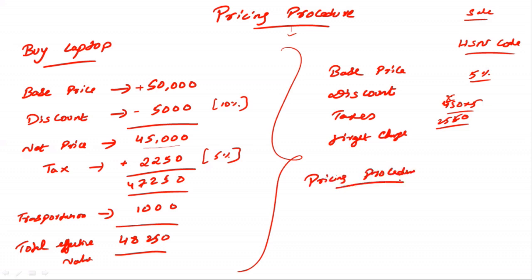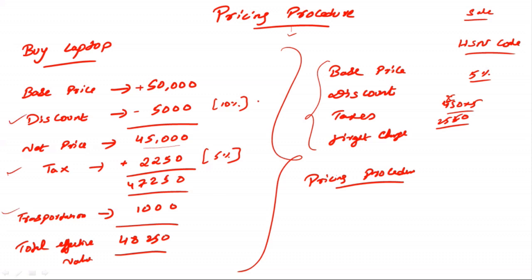Every time you cannot enter these values manually, you cannot enter these calculations manually, and you cannot enter these conditions manually. So to make these conditions automated, whenever you are entering the price of the laptop, this component, this component, this component should come into the picture.